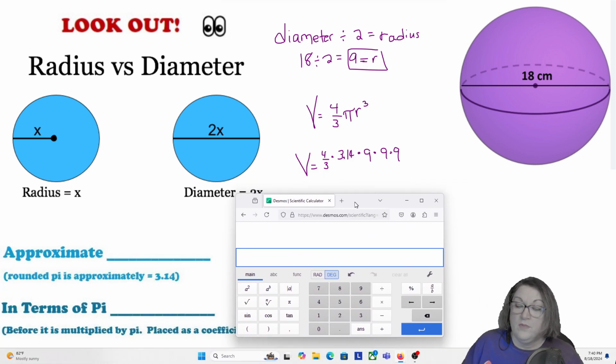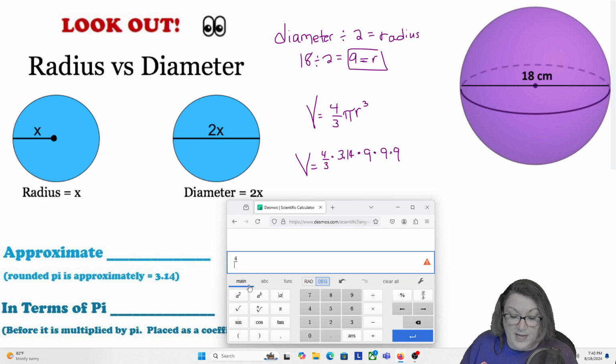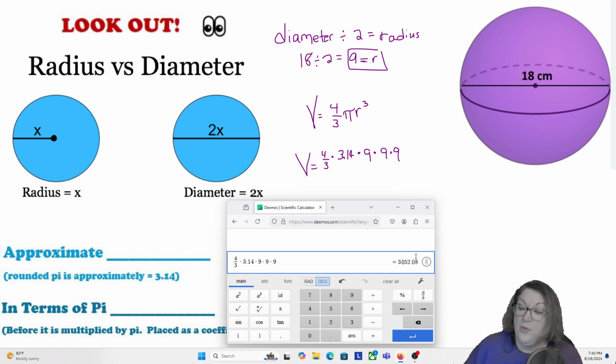When I plug that into Desmos, I'm going to put my fraction button in first, put the 4 on the top as the numerator, the 3 as the denominator, move my cursor to the right, hit the times button, then put in the 3.14, then times again, then 9 times 9 times 9. And we end up with 3052.08.